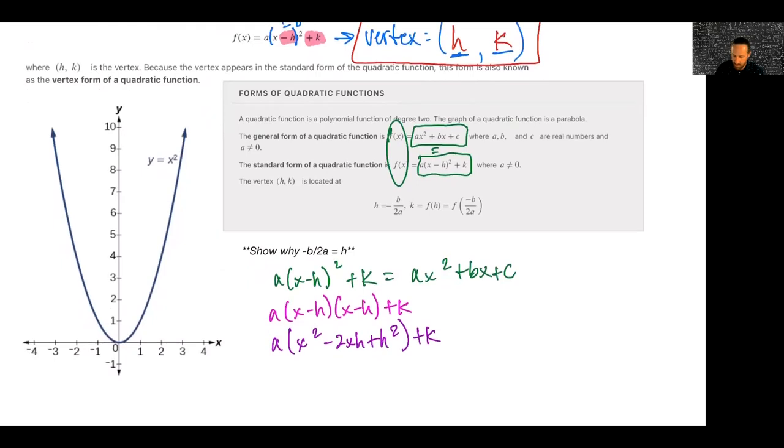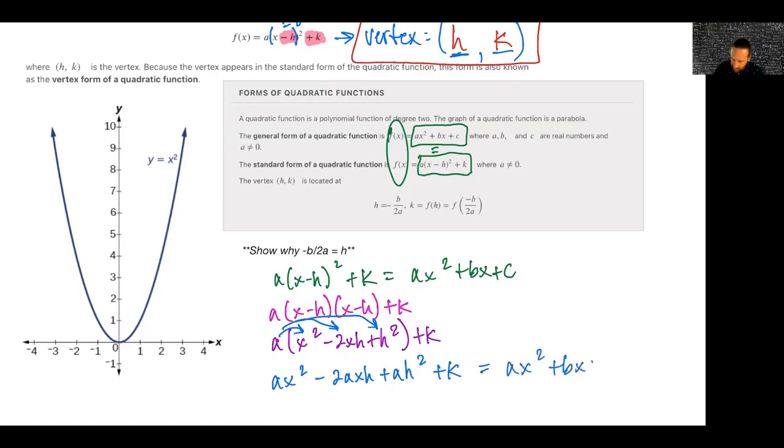Now I'd have to distribute the a, which gives me ax squared minus 2axh plus ah squared. And then we have plus our k. And we still have it equal to the ax squared plus bx plus c.